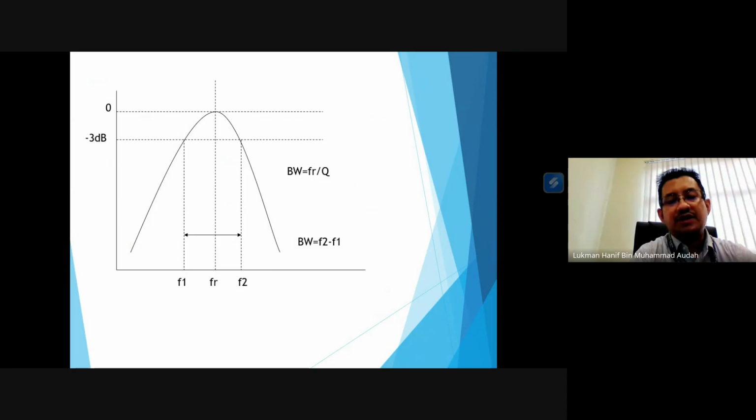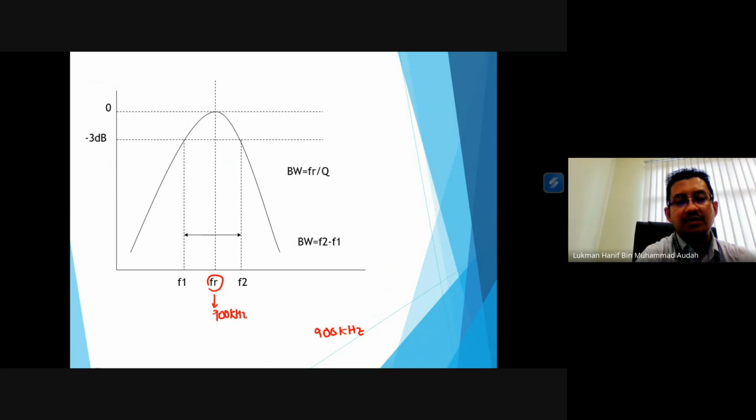For example, if I give the instruction to the receiver that I want to listen to radio frequency 900 kilohertz, I am telling the pre-selector to resonate at 900 kilohertz. FR here is the resonant frequency, which means it will be centered at 900 kilohertz.